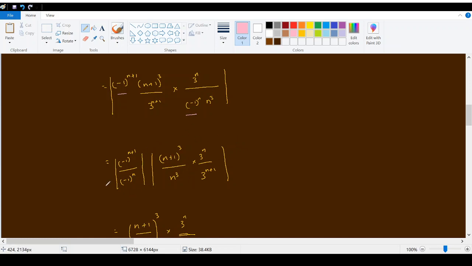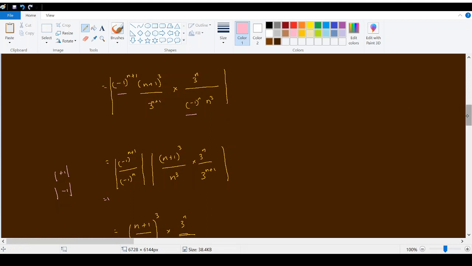And then no matter what n value you have, this one will either be negative 1 or positive 1, but as you have a modulus, this total result will always be equal to 1.